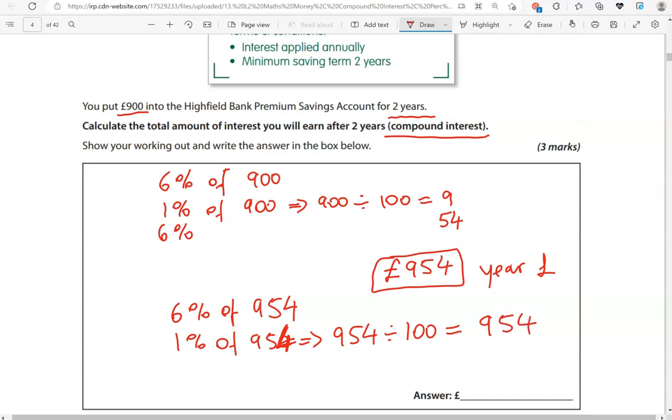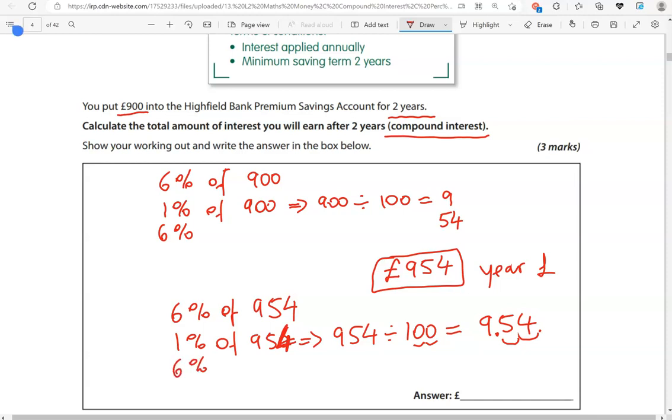There is no decimal point at the moment because it's a whole number, but you can imagine it being right at the end. So now we'll move 2 places to the left. So 1, 2. So £9.54 is equal to 1%. What about 6%?